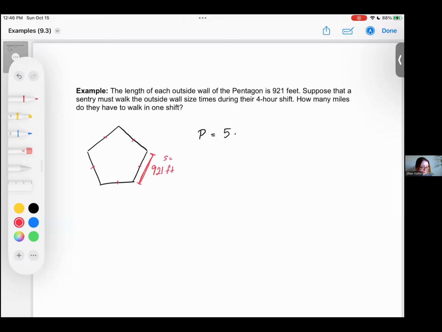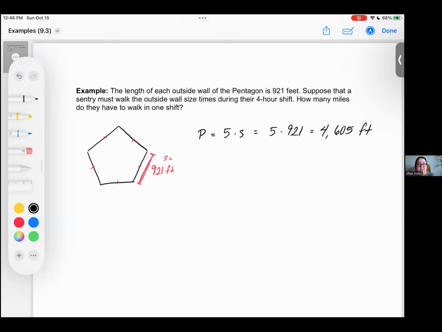So we have our value of our side here. So the perimeter would be 5 times S, which would be 5 times 921. And this answer is going to be in feet, which will be 4,605 feet. So the perimeter of our pentagon is 4,605 feet.